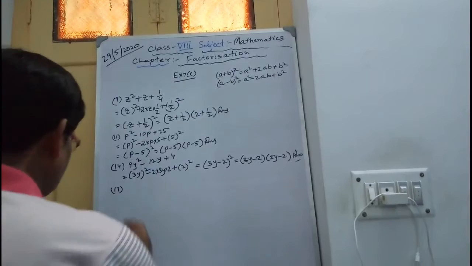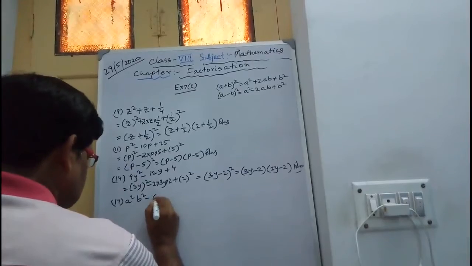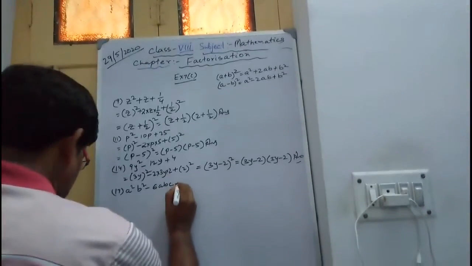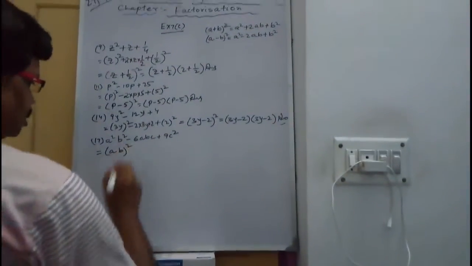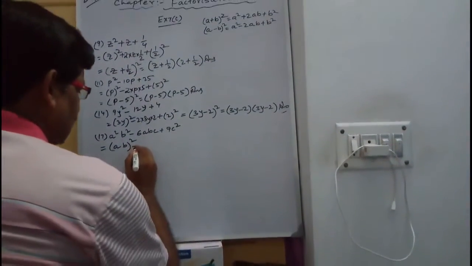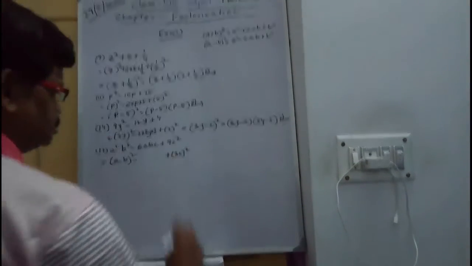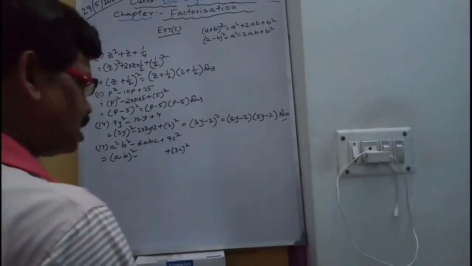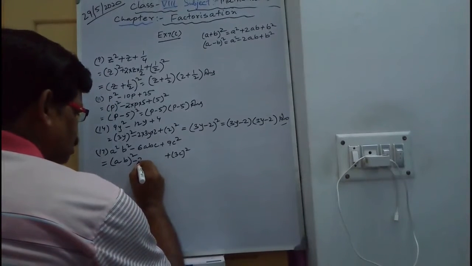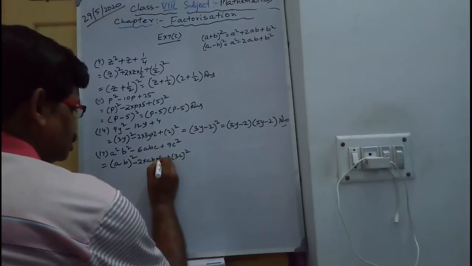17, a square b square minus 6abc plus 9c square. So that is equal to (ab) whole square minus, and this one (3c) whole square, that is equal to 9c square, because 3 square is 9. So the middle one is 2ab into 3c.